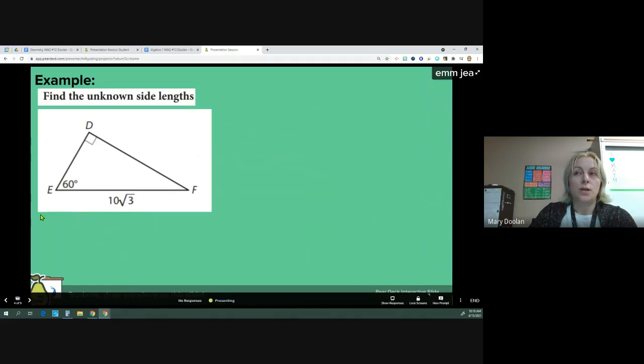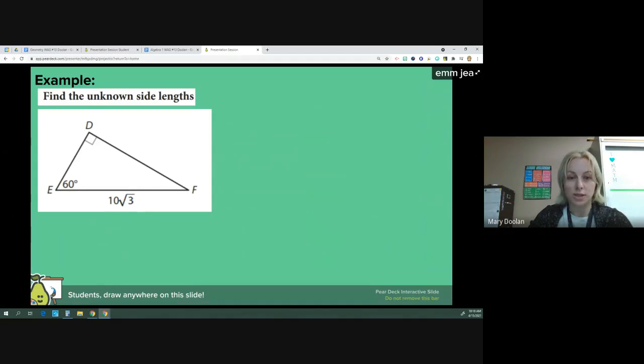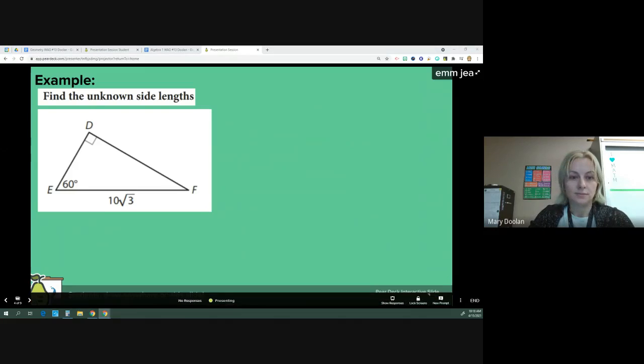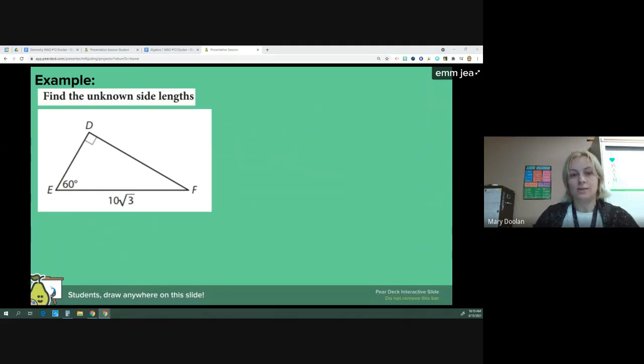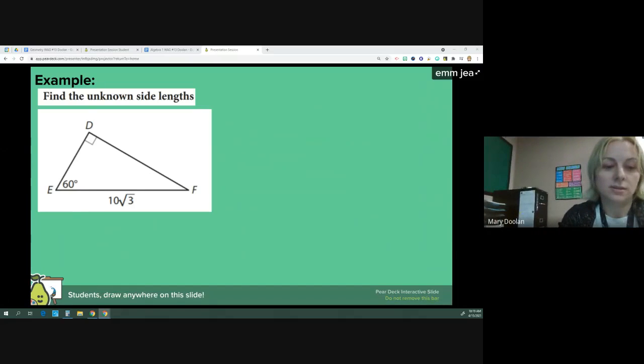So when you are given a triangle that's a right triangle, it may be that you have a special relationship amongst the side lengths. And so what we're going to do here is just go ahead and start by labeling what the sides are.